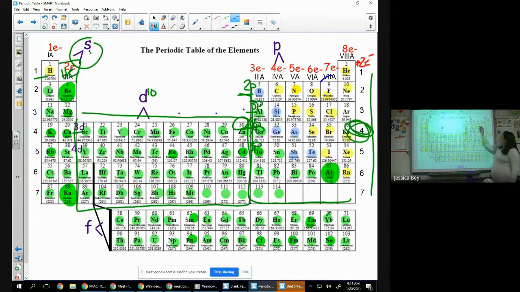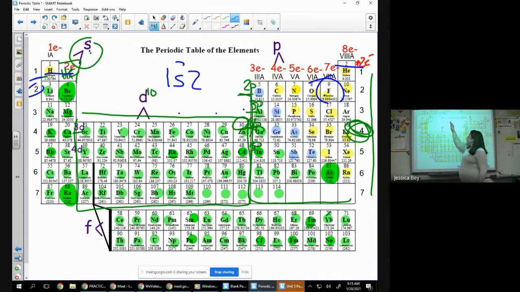If you were doing fluorine, you would say energy level 1, S has 2, then energy level 2, S has 2, and then P has 1, 2, 3, 4, 5. So the answer for the full electron configuration is 1s2, 2s2, 2p5.